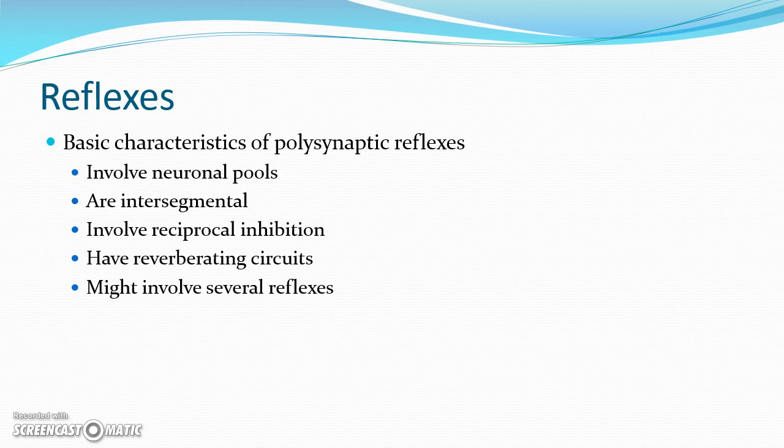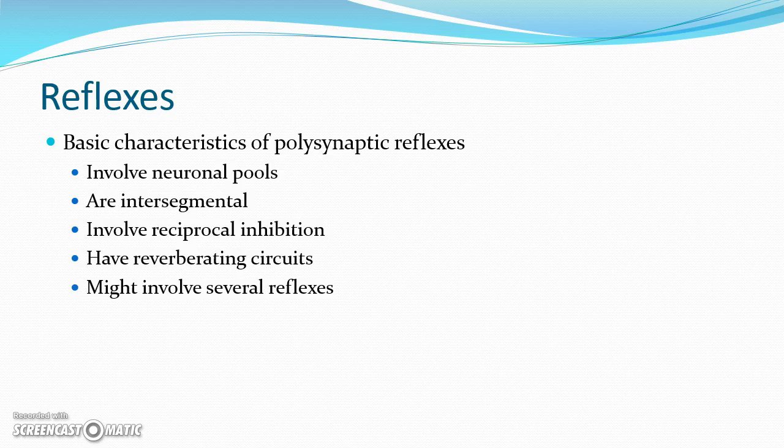Most of the complex movements we make, such as walking and running, involve several polysynaptic reflexes. Some characteristics of all polysynaptic reflexes include they all involve neuronal pools, otherwise it wouldn't be called a polysynaptic reflex. They are intersegmental, meaning they involve more than one segment of the spinal cord.